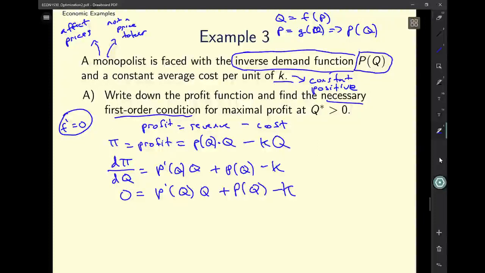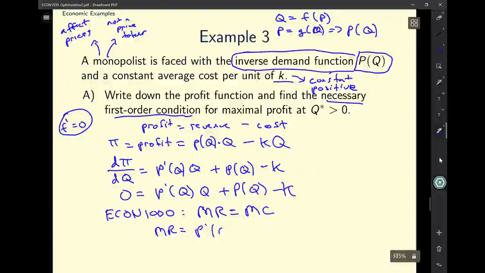And we could say something like, suppose in Econ 1000, you were told that the monopolist sets marginal revenue equal to marginal cost. Well, we know from this above that the marginal revenue is P prime Q times Q plus price.